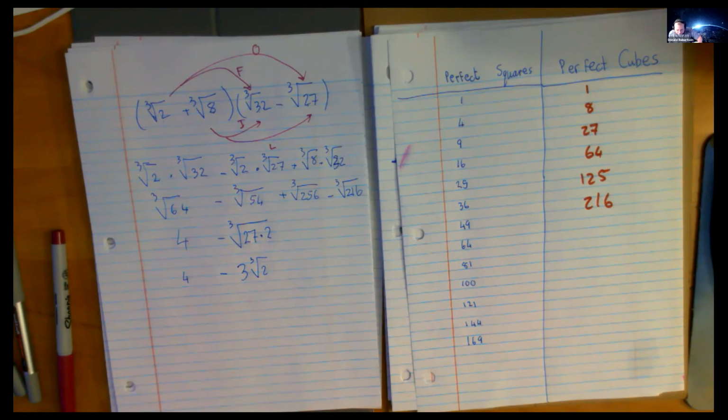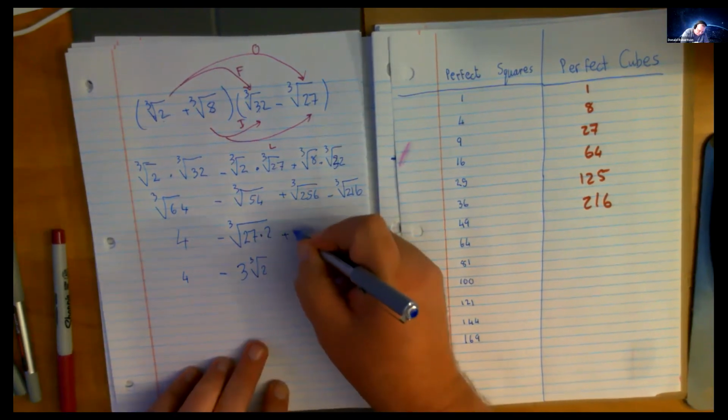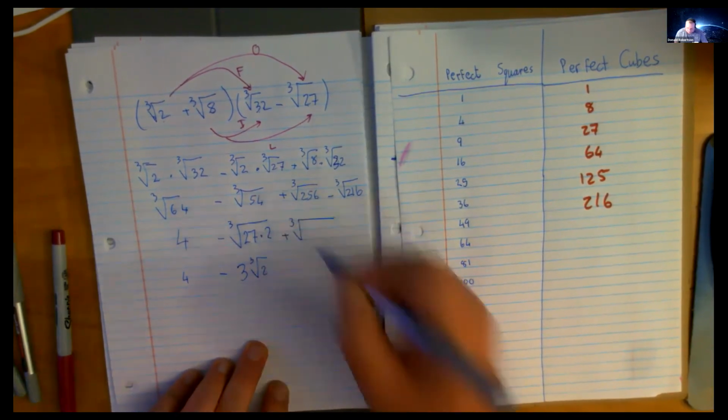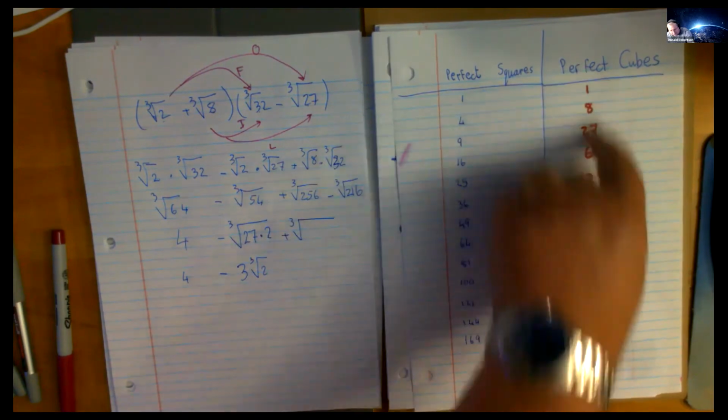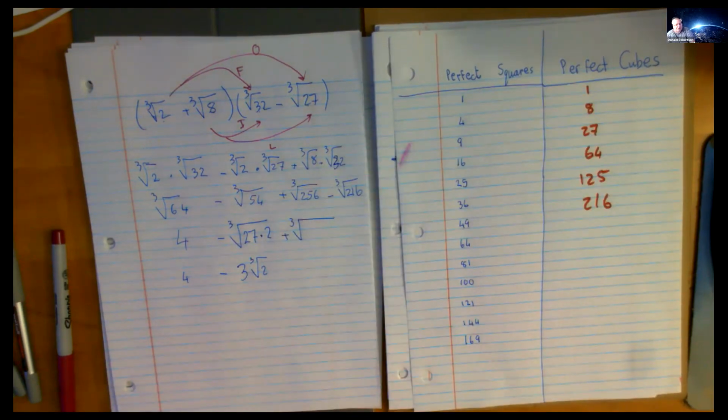I'm looking at 256. Oh, got it. You can use one of the perfect cubes on 256. I didn't know that was going to happen because I don't like big numbers, right? But this one works.